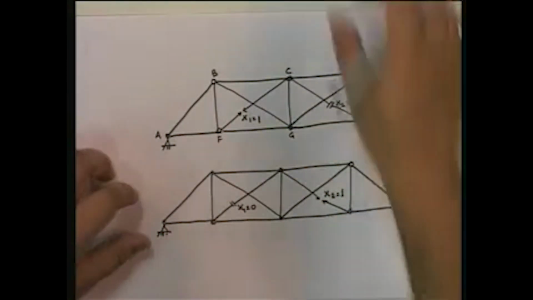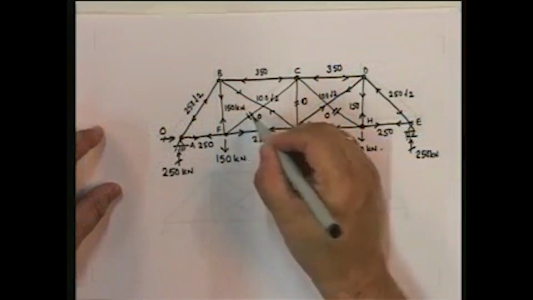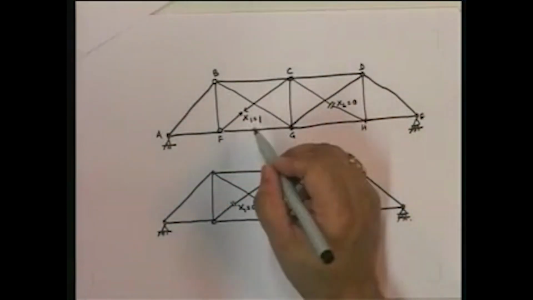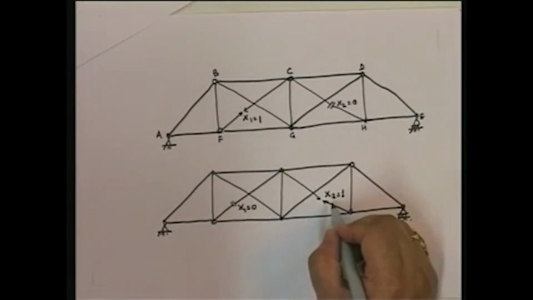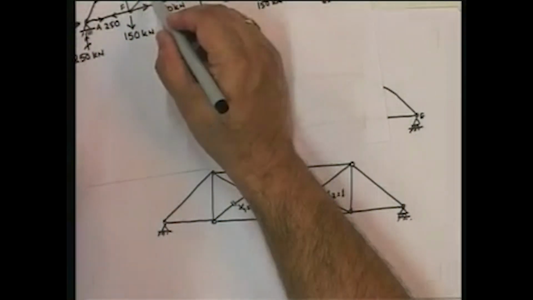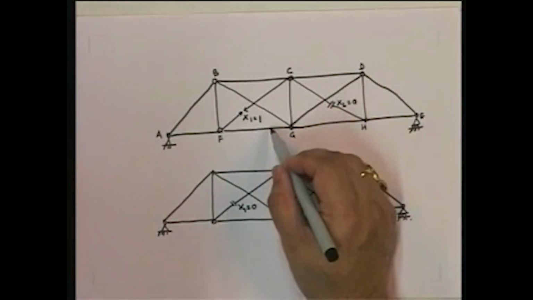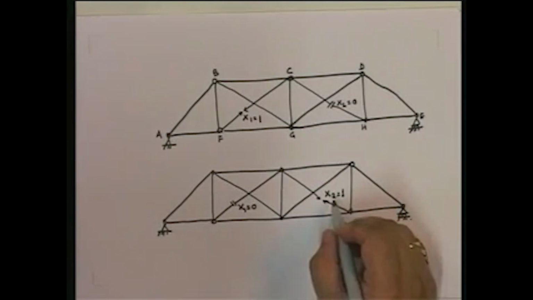Let's look at this. One of the first things is the compatibility. For the compatibility, I have to find out the displacement at this point due to the loading plus due to x1 plus due to x2. You see? So actually the displacement at this point I need to find out under this loading, of course not equal to 1, equal to x1, and under this loading, x2.